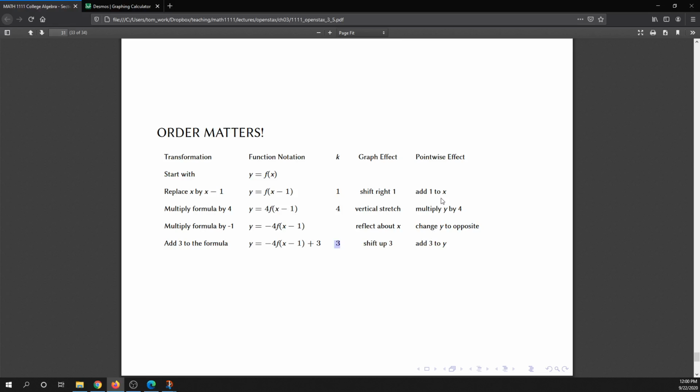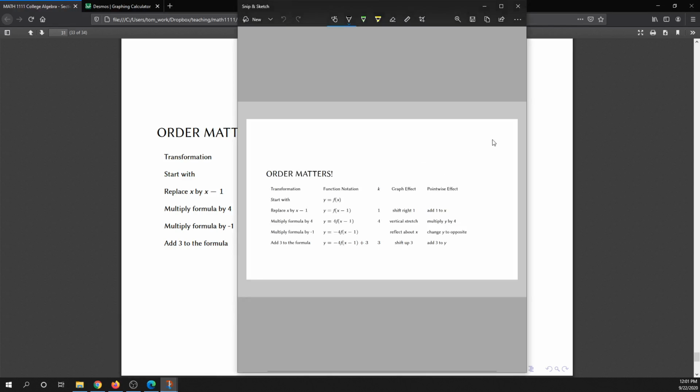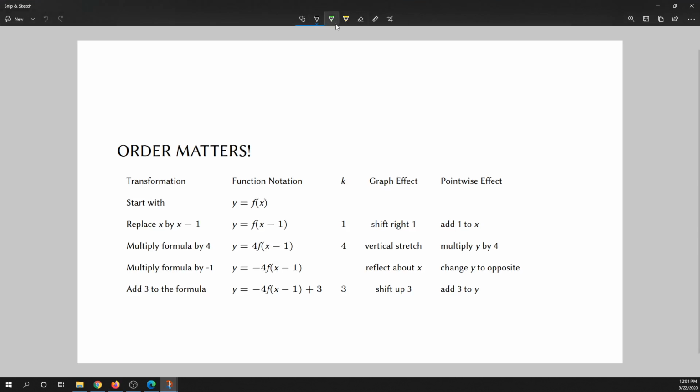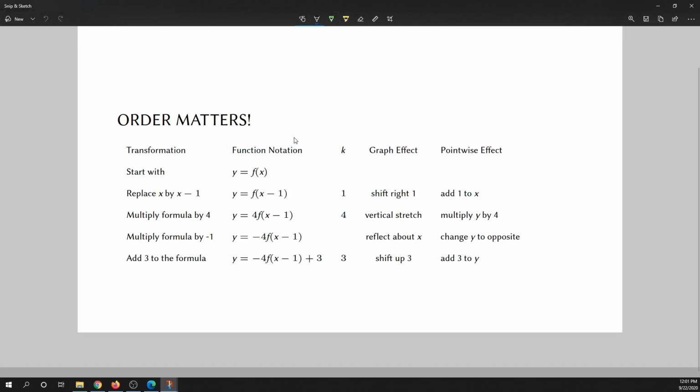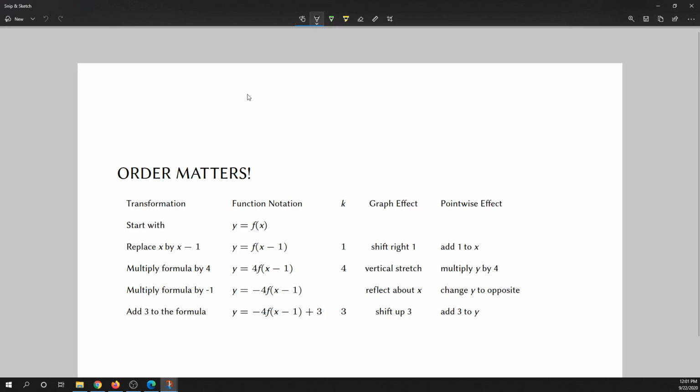Okay, but really on the Newton problems that you'll have to work and on the test, it's better to look at the pointwise effect. What happens to the points. And so just to give an example of how that would go, let's say that on y equals f of x, I had a point that was 1, 2.